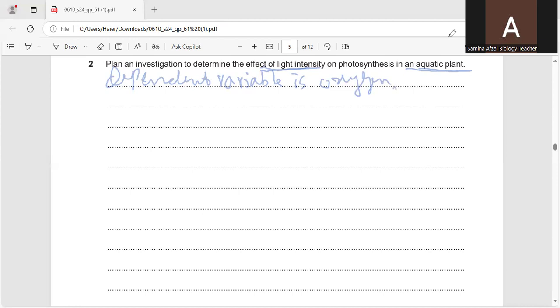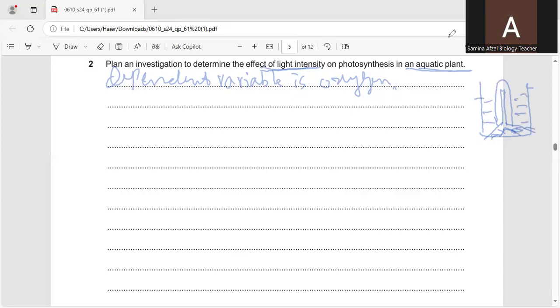So for this purpose, we will set an apparatus. A large beaker will be used for this purpose, and this is for your convenience. I can draw this picture over here. A large beaker can be used for this purpose.